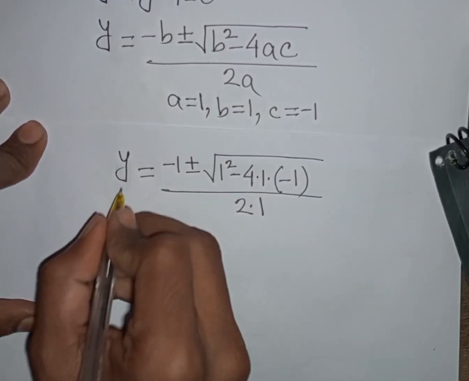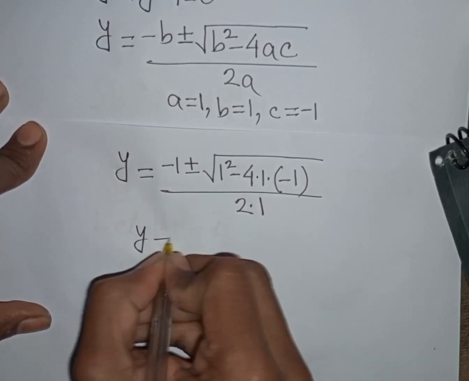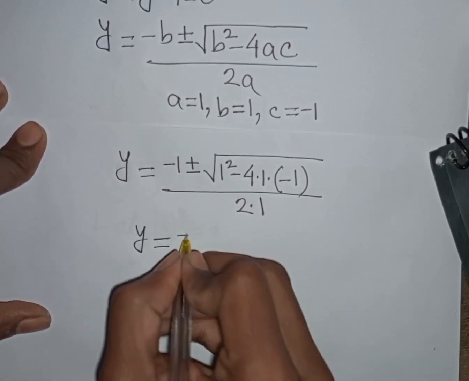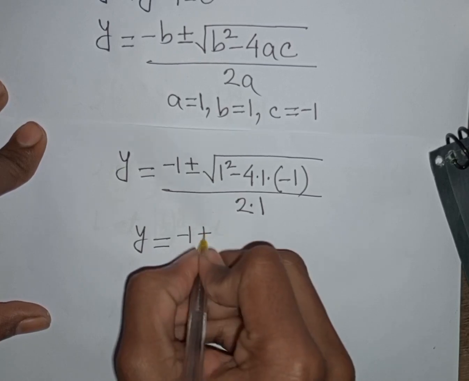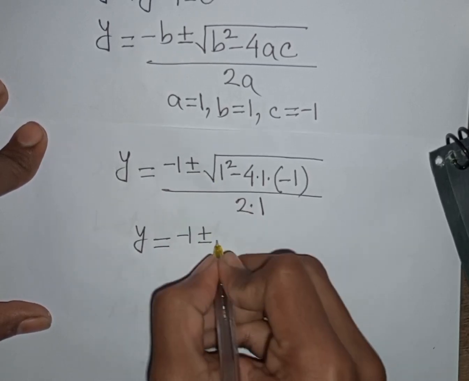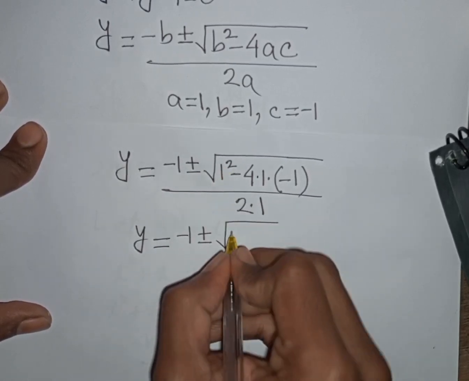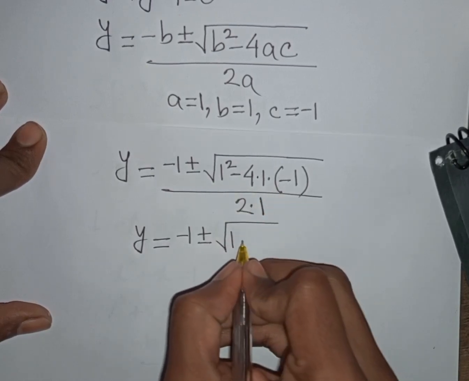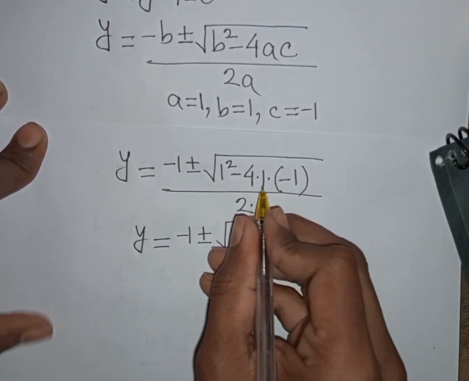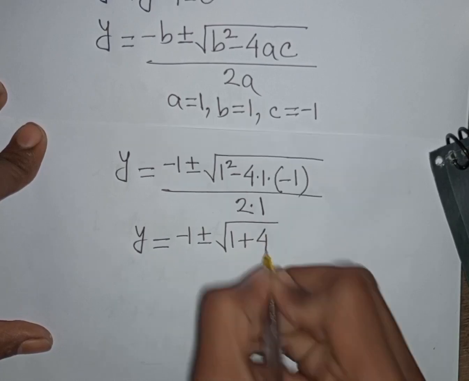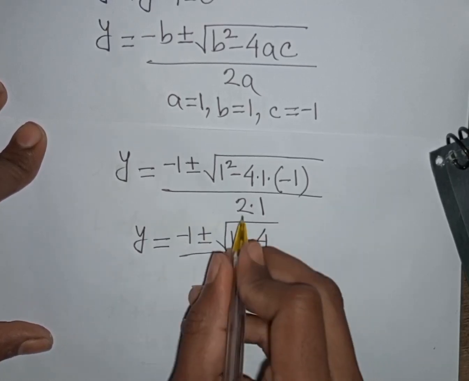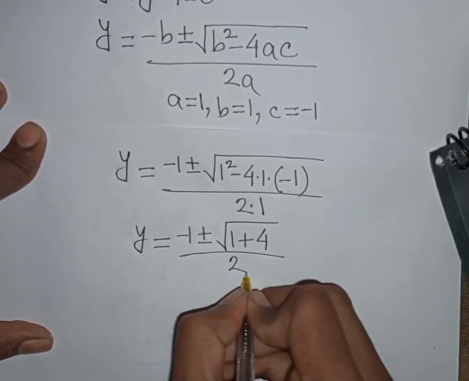Now y is equal to -1 plus or minus the square root of 1 squared, which is 1, then minus times minus means plus, 4 times 1 times 1 means 4, divided by 2 times 1, that means 2.